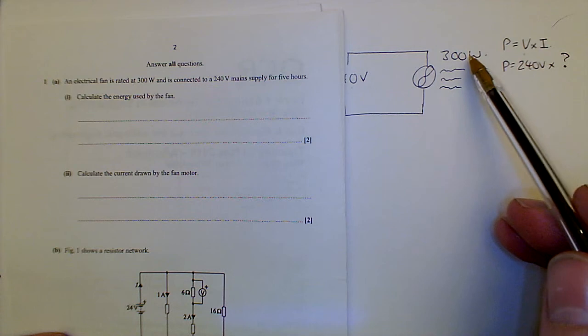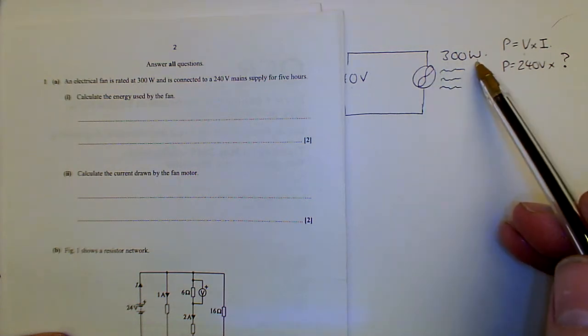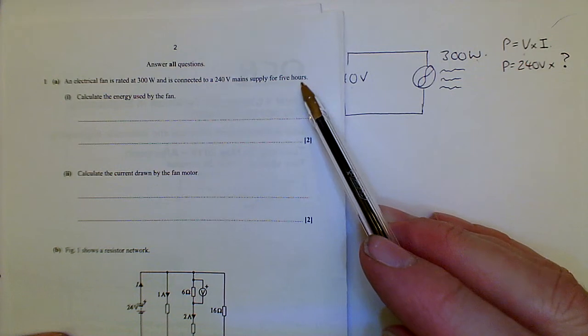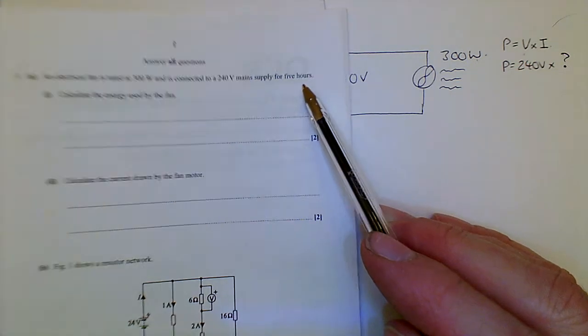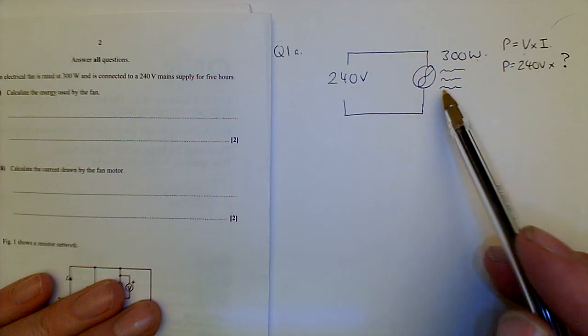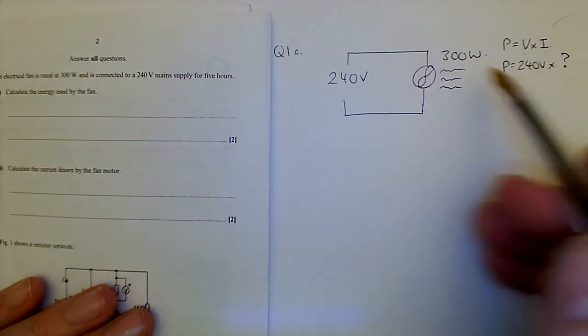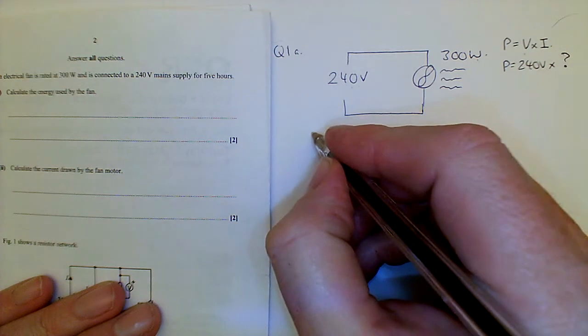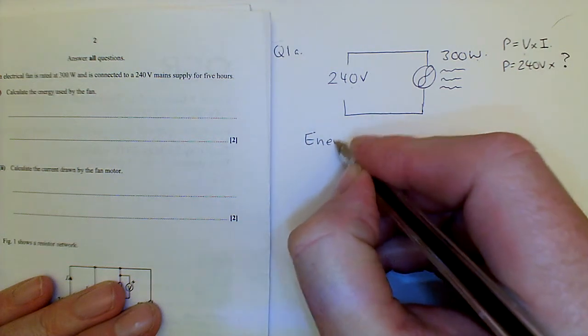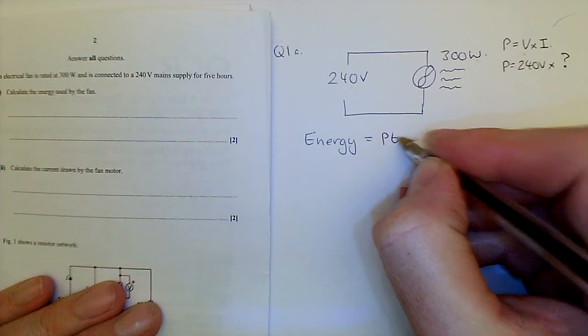Every second this fan will use 300 watts, and it's going to do that for 5 hours. So every time there's a second it's got 300 watts, then 600, 900 and so on. So there's a little bit of a calculation to calculate the energy, which is P times T.